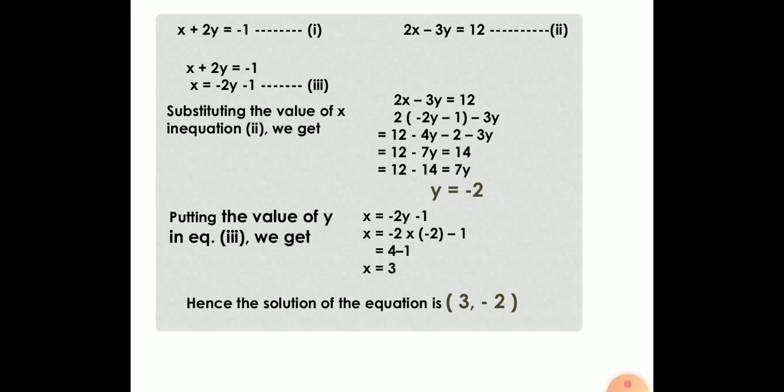Now putting the value of y in equation 3, x equal to minus 2y minus 1, you will get x equal to 3. Hence the solution of the equations is (3, minus 2), meaning x equal to 3 and y equal to minus 2, and this is the substitution method.